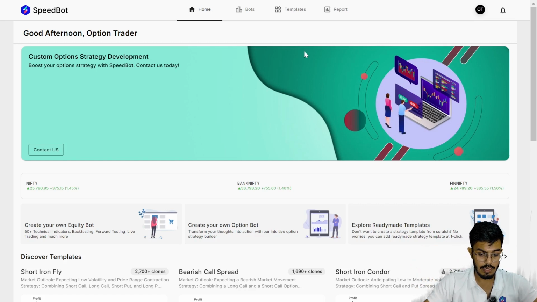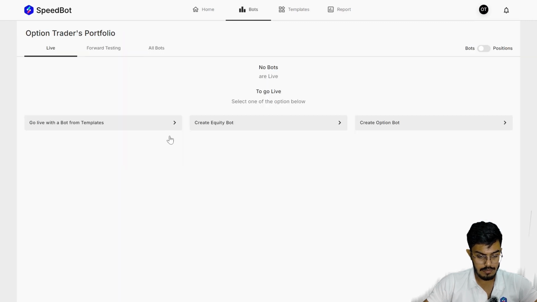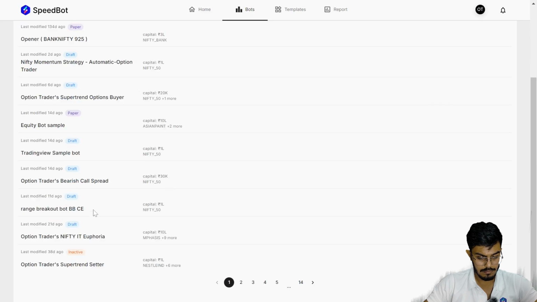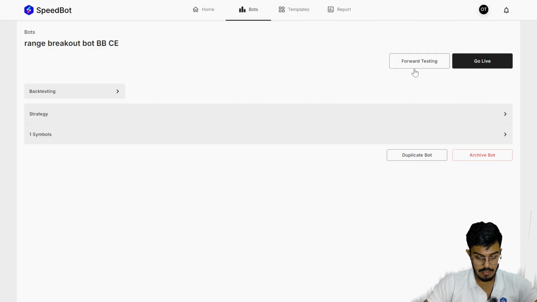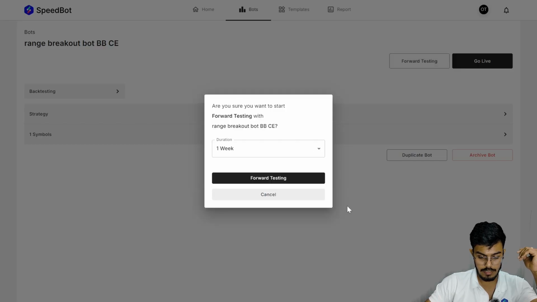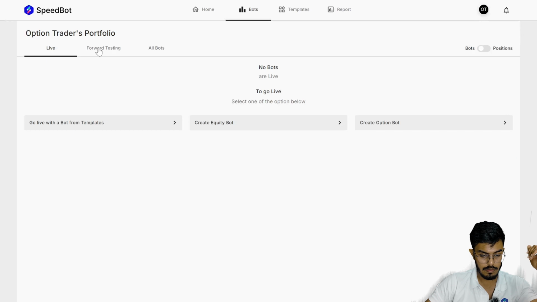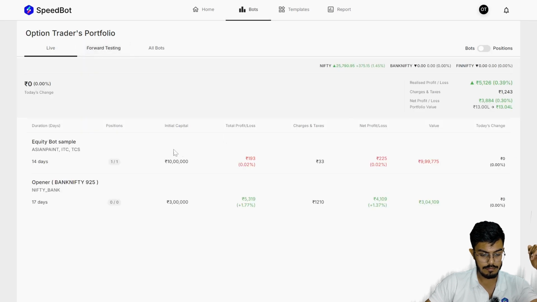How we can do that? Once you go to the bots and select whatever bots that you have. Let's say if I have this particular bot over here, I'm able to see the forward testing symbol. Once I click on the forward testing, I continue. And over here, it will be deployed in my portfolio under the forward testing section, like this.